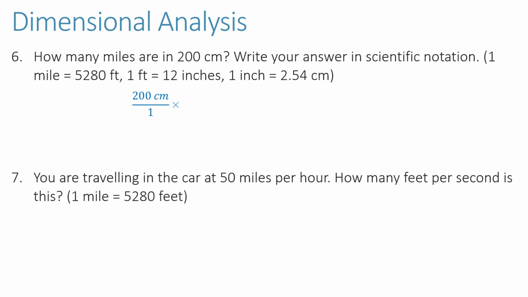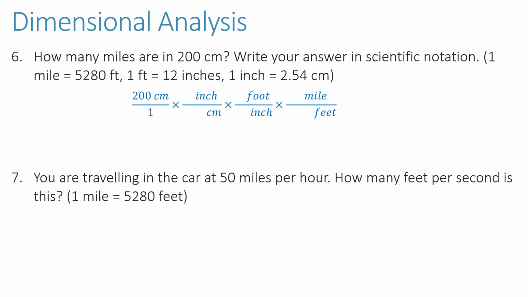So we're going to first take centimeters, and we want to convert this into inches. Then I can convert inches into feet. So I'm dividing by inch to cancel that out, and on top, I'm multiplying by foot. And then lastly, we want to convert feet into miles.